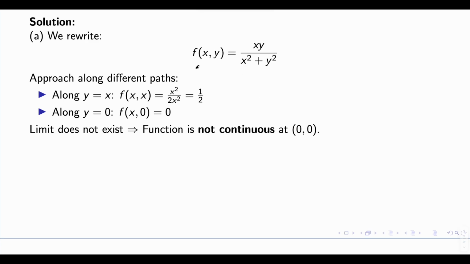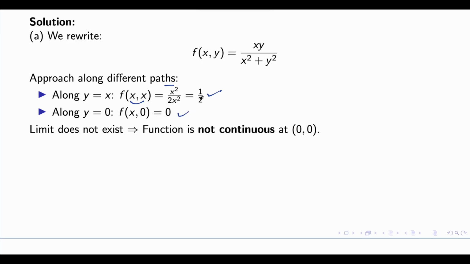So now if you write this function f(x, y), x y divided by x square plus y square, approach along different paths. The different path test will say whether the function is continuous or not. So along y equal to x, you can replace y by x, and then your function will give half value. And when you see along y equal to 0, then your function will give 0 value.